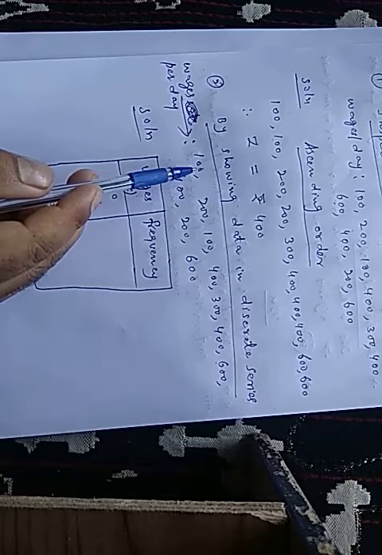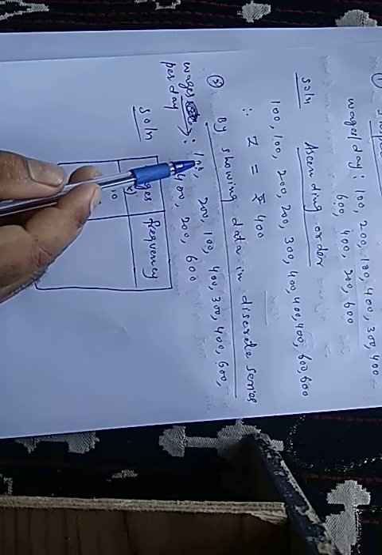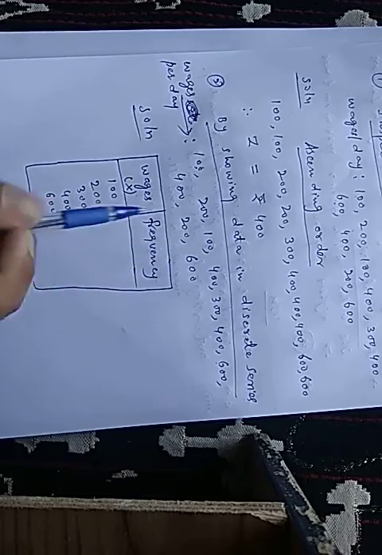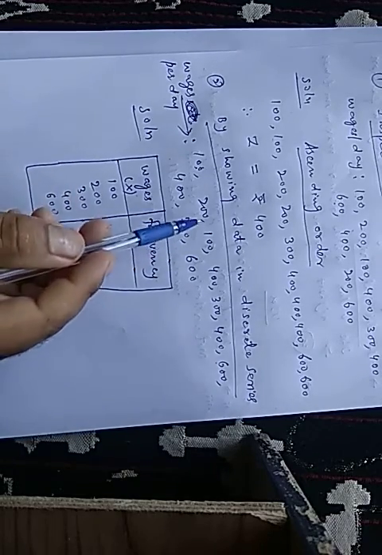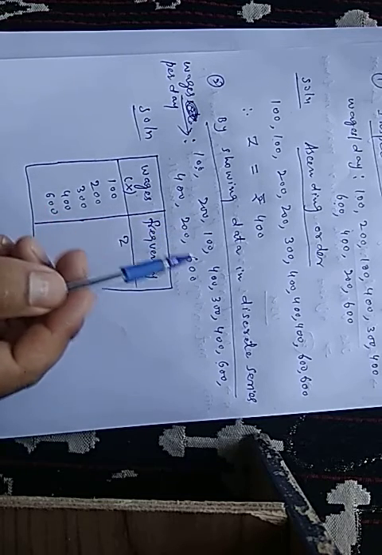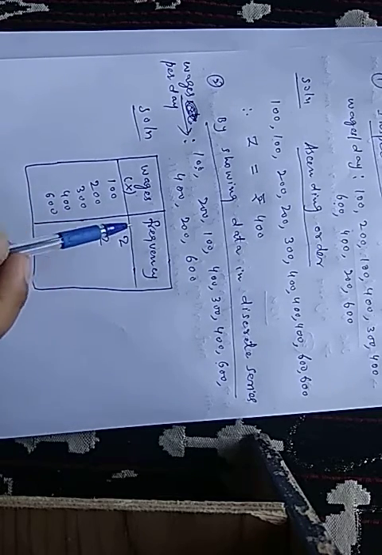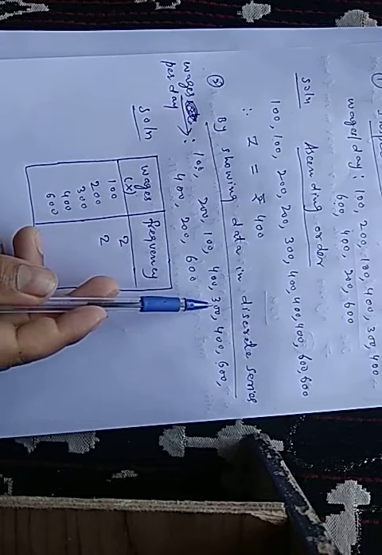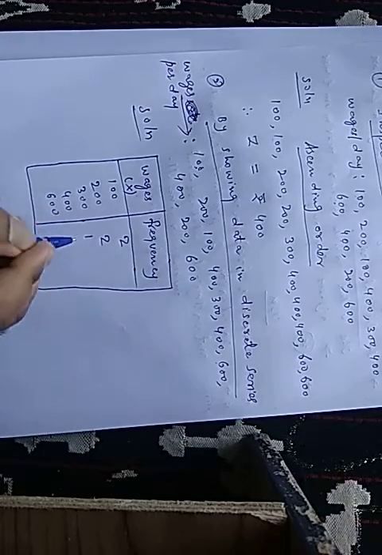In the next column, we will write frequency of the variable, the number of times a particular value of variable repeats. 100 in this series is repeated 2 times, therefore its frequency is 2. And 200 occurs 2 times, therefore its frequency is also 2. And 300 repeats only 1 time, its frequency is 1.